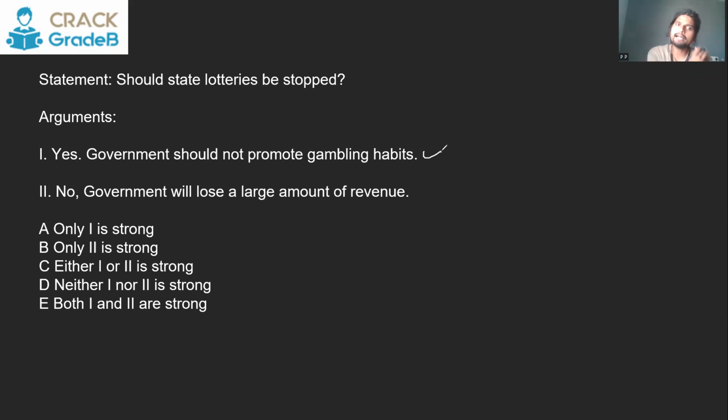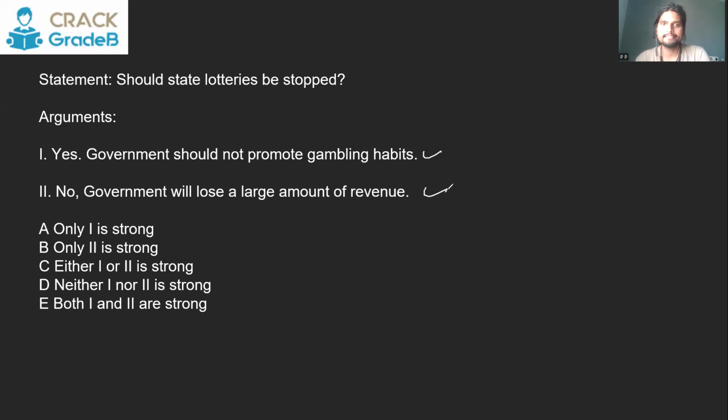As I said, you don't have to take an upfront decision like, now I am going to stop or not stop, or start. You are not going to be the decision maker. You are just going to balance the arguments. You have to decide which argument is strong. So this argument also is a strong argument. Because if you stop such things, for example, should government stop liquor?